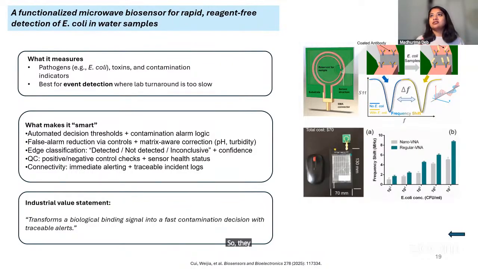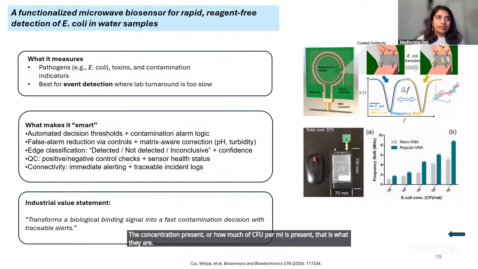They have a certain sensor substrate which is susceptible to E. coli. When E. coli comes in contact with that substrate, there is a frequency shift. They detect this frequency shift and then convert it into the concentration present, or how many CFU per ml are present. That is what they are detecting.